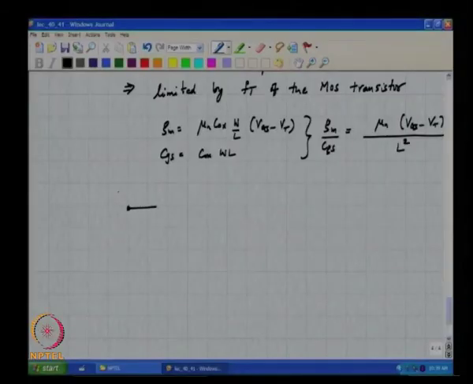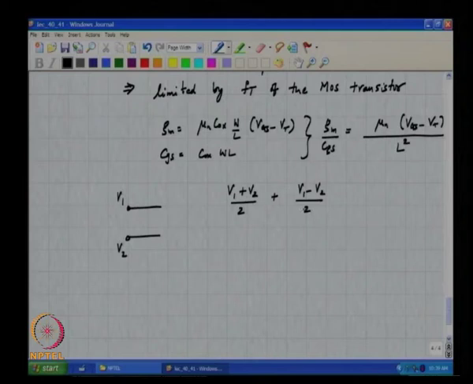For example, let us say you have two wires carrying voltages V1 and V2. The two wire voltages can be represented as (V1 plus V2) by 2 plus (V1 minus V2) by 2, and (V1 plus V2) by 2 minus (V1 minus V2) by 2.